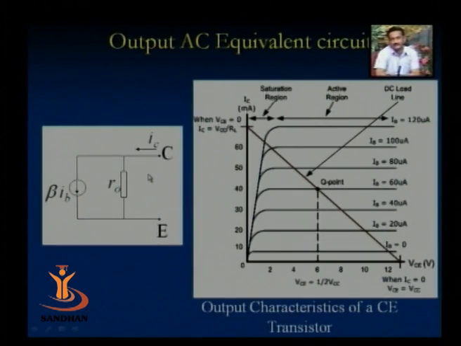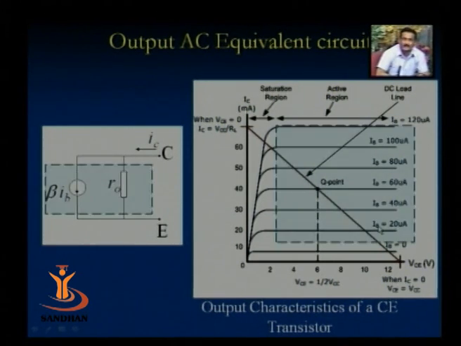Next, what is at the output? Between collector and emitter we have the output characteristics. If you look at them, at a particular base current it increases slowly and then becomes almost constant. So it represents a constant current source, which depends on the particular value of IB.